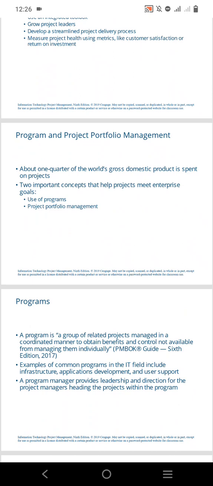A program is a group of projects that are related and managed in a coordinated manner in order to obtain benefits and control that you would not get if they were managed individually. There are common examples of these in the IT field, such as infrastructure, applications development, and user support. A program manager provides the leadership and direction for the project managers heading the projects within that program.